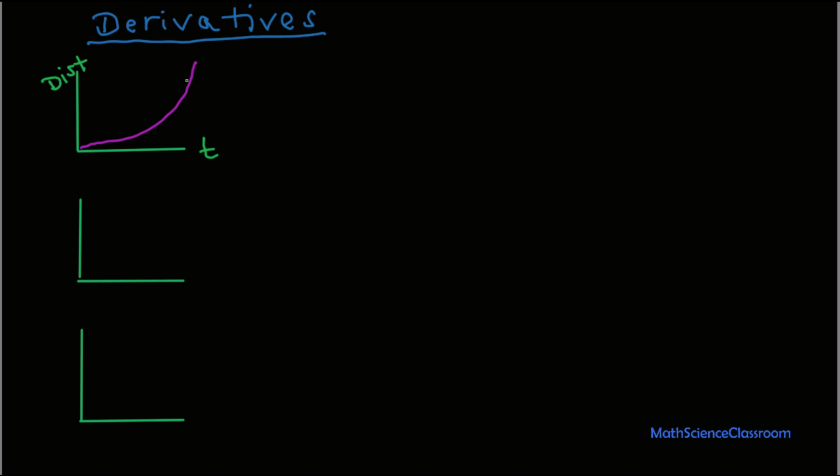Our formula for describing this would be distance d(t) equals t squared. In other words, it is moving faster and faster over time. In the next graph, we're going to describe what's happening in the first graph. We will call this velocity, which is the same thing as speed, just with direction.